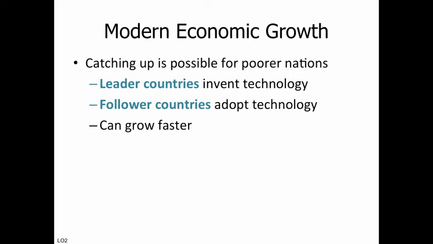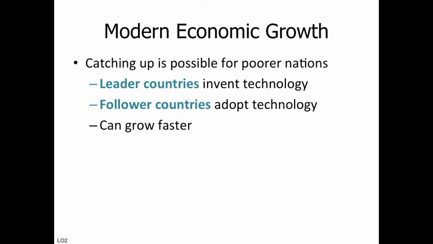So again, thinking about these changes over time, what we would expect to see are these poorer nations really catching up. See this catching up effect. And we expect to see that because the more advanced nations at any particular point in time, what we call the leader countries, are the ones who are inventing new technological processes, the ones who are really driving changes in productivity, which can lead to significant changes in economic growth.